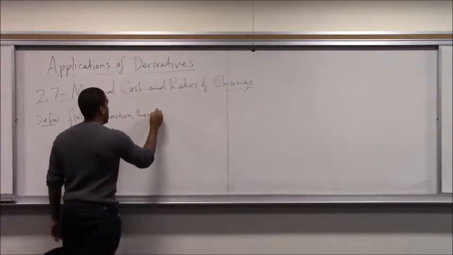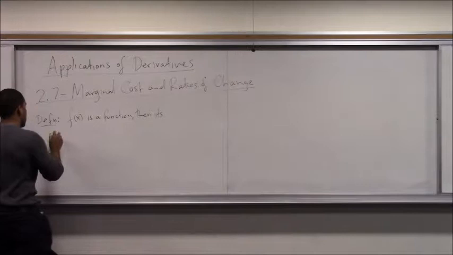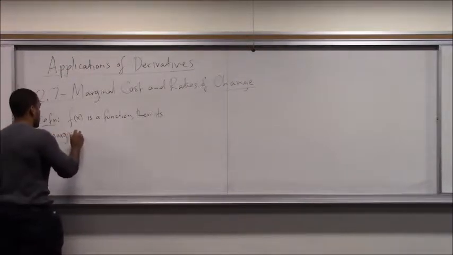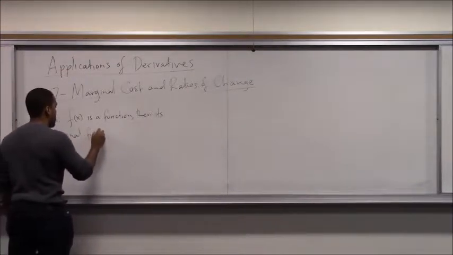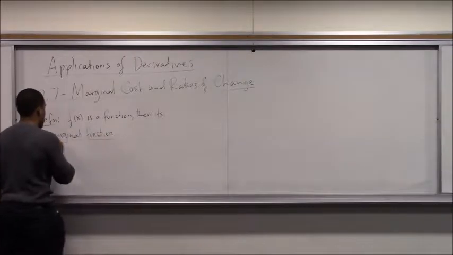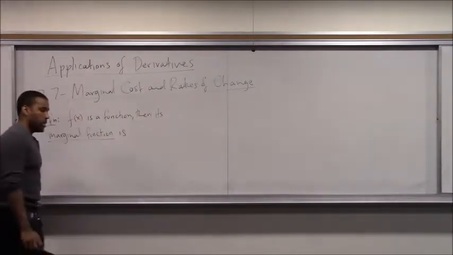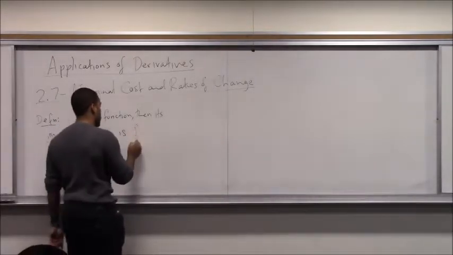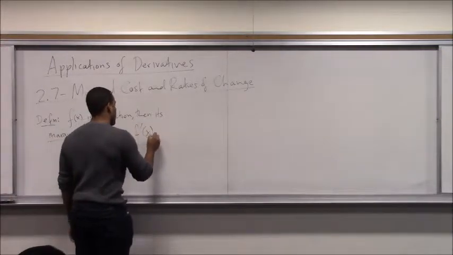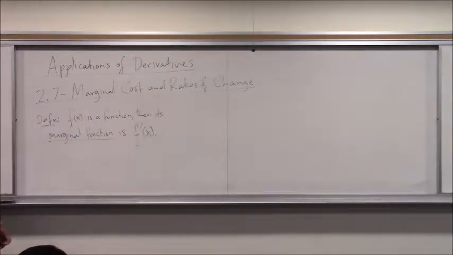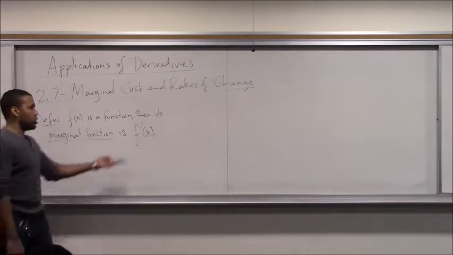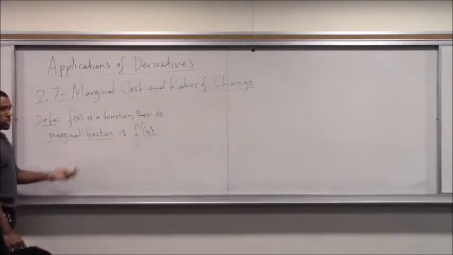then its marginal function is, and it turns out it's actually just the derivative, if it exists, right? So there are some contexts in which the derivative is considered a marginal function.